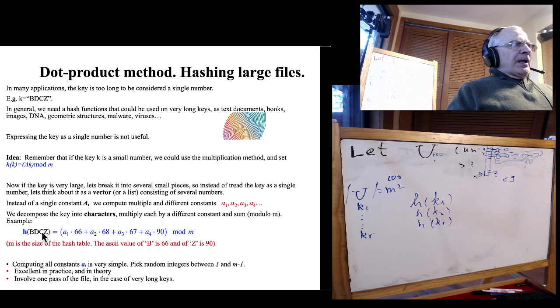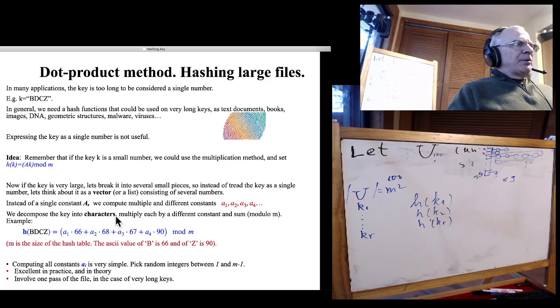And what I'm planning to do is not to make it into one big number. It will be too large for me. Instead, I'll pick four constants, A1, A2, A3, A4, and I'll take the first letter of the key, B. Its ASCII value is 66. Take 66, multiply by A1.